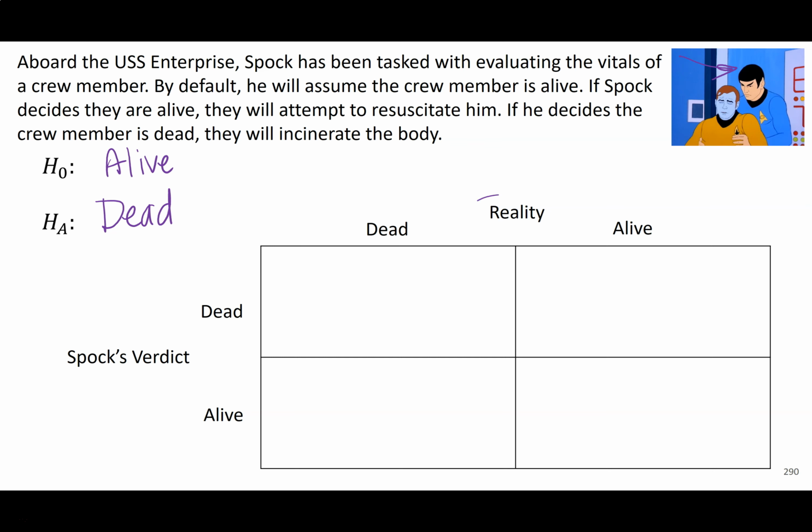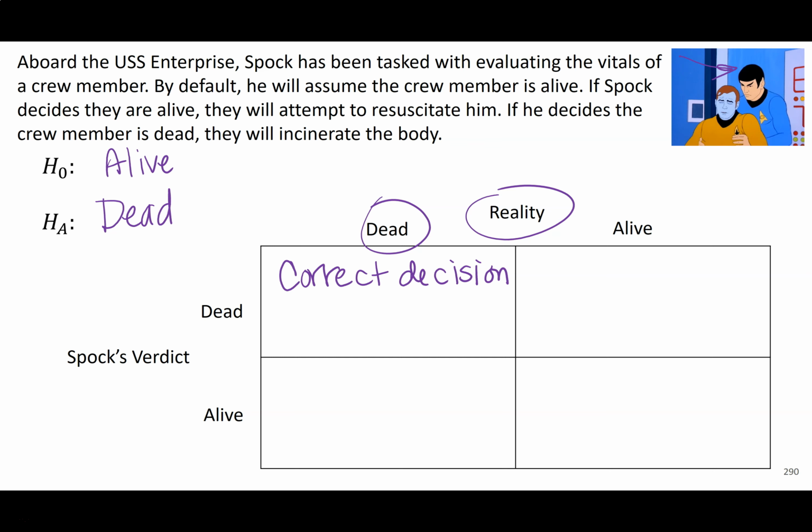Looking at reality, if they're dead and Spock says they're dead, this is a correct decision. I wouldn't say we're happy because your crew member's dead and that's a bummer, but we're happy that the correct decision was made.